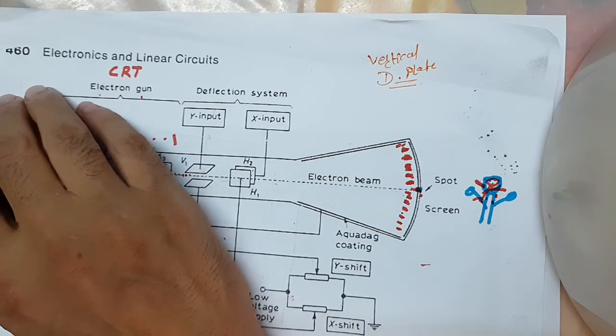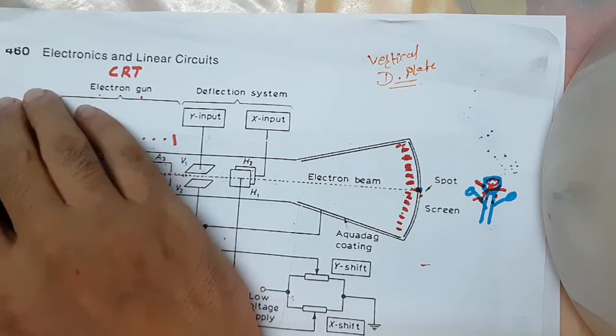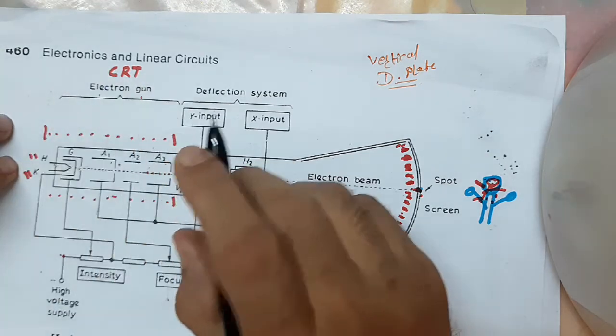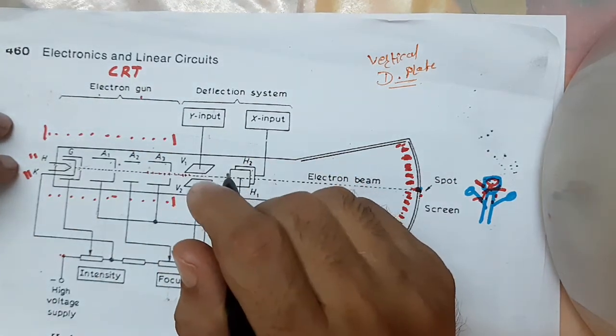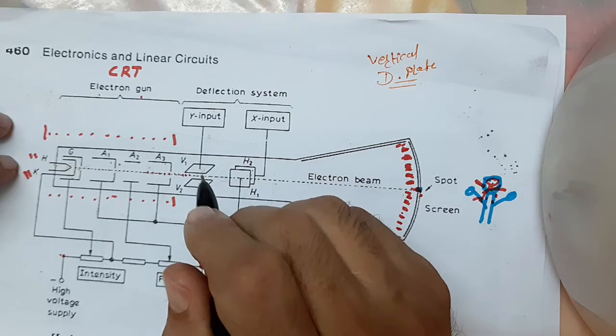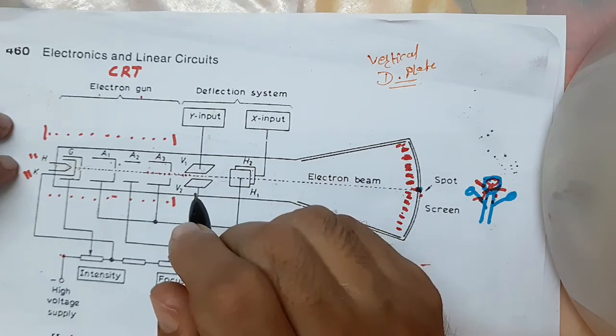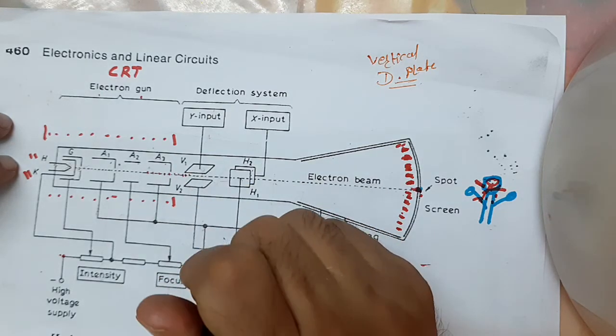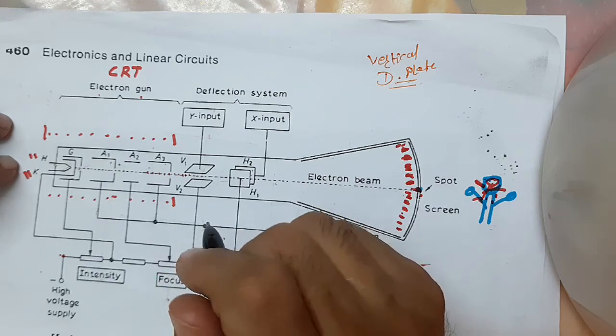For this, whenever we connect the unknown signal to the vertical deflecting plates, at the same time some portion of the signal is given to the sweep generator, or we can say the sawtooth generator, which triggers it to generate the signal.